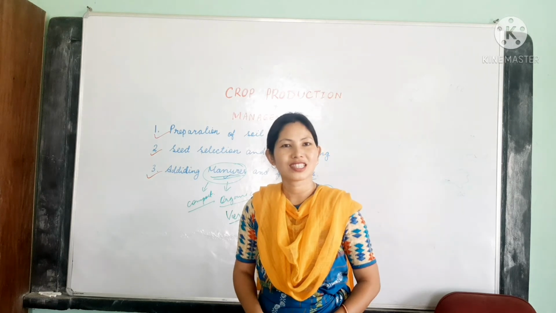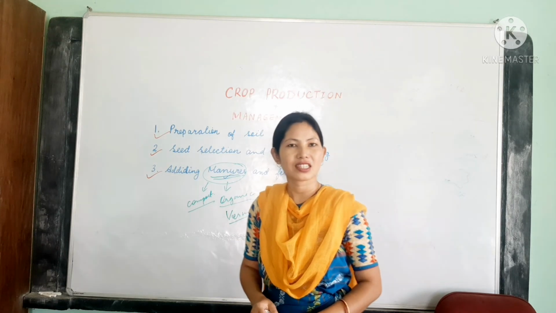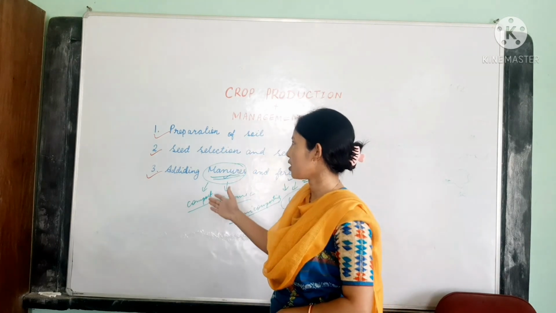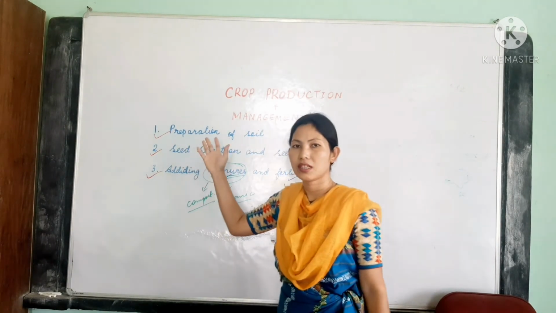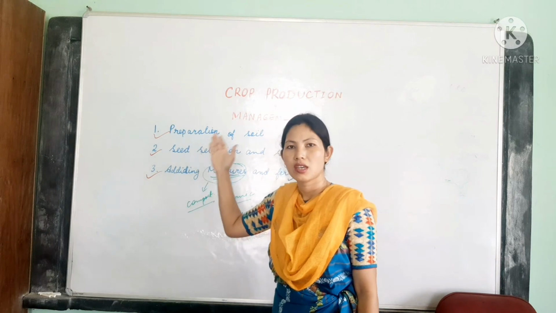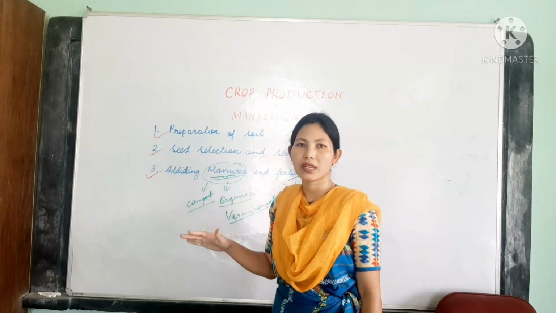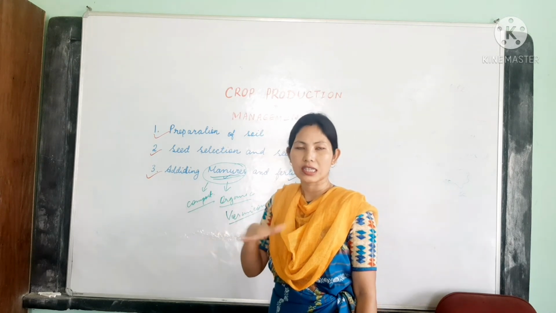So with this I end my explanation here, and that is the second part. We have discussed here step number 1, that is preparation of soil. In an agricultural practice, the first step is to prepare the land: selection and clearing of the land.